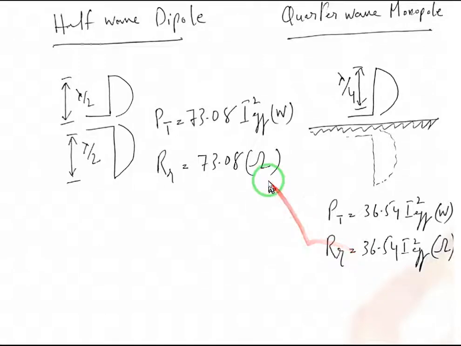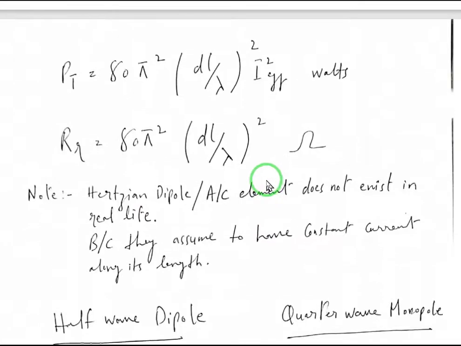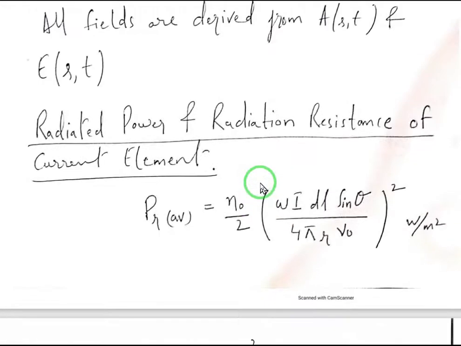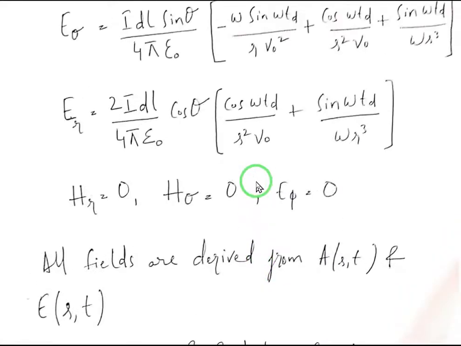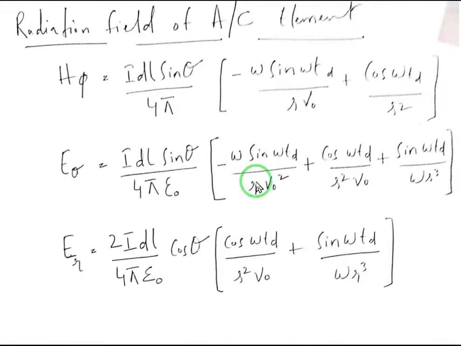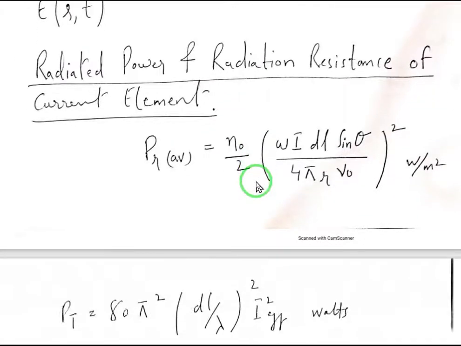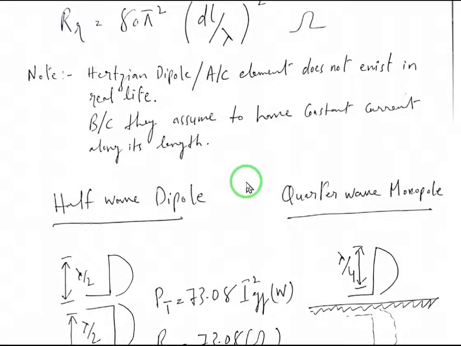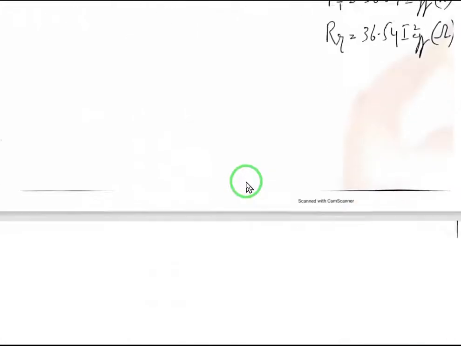So these are the equations for power, resistance, and different fields for the alternating current element and the half wave and quarter wave monopole elements.